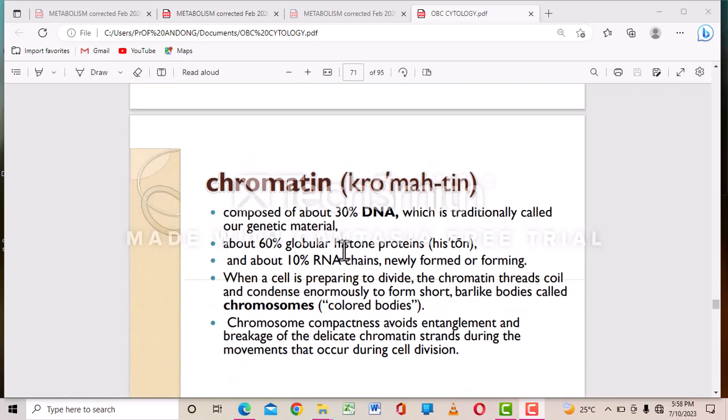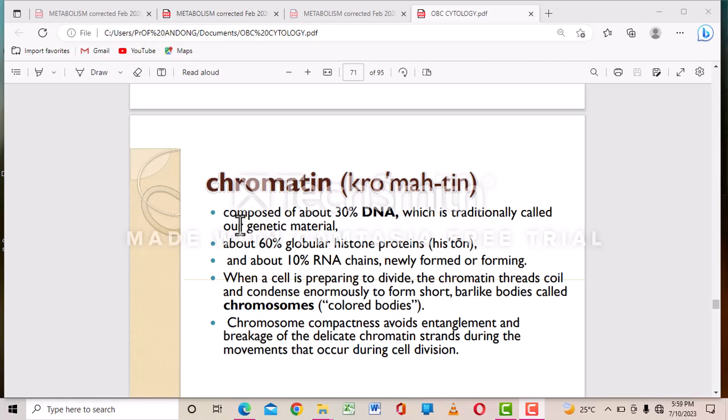Chromatin. Before we talk about chromatin, it must be clearly noted that our genetic material is almost 1.8 meters long, but it is able to fit into a cell with a diameter of micrometers. How is this possible? It is due to the folding of our genetic material, that is the DNA, around globular proteins called histones.